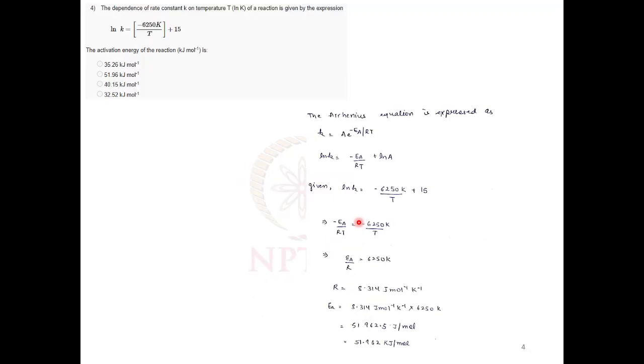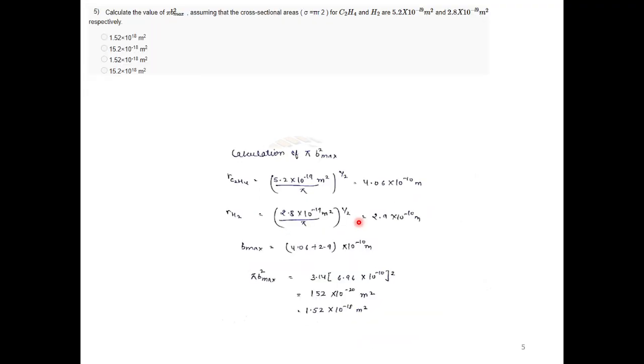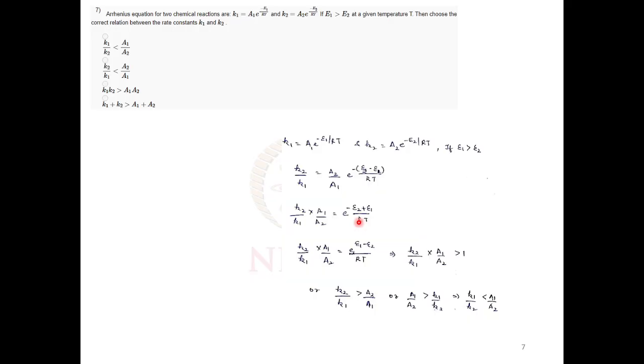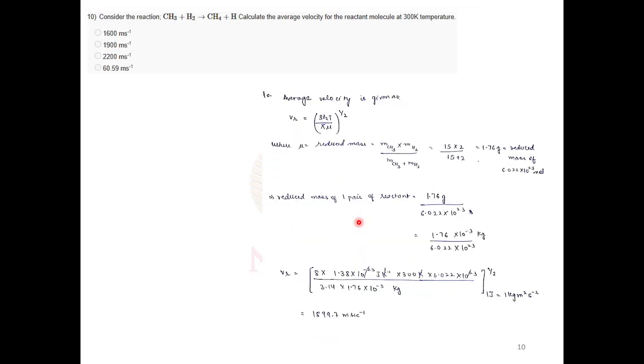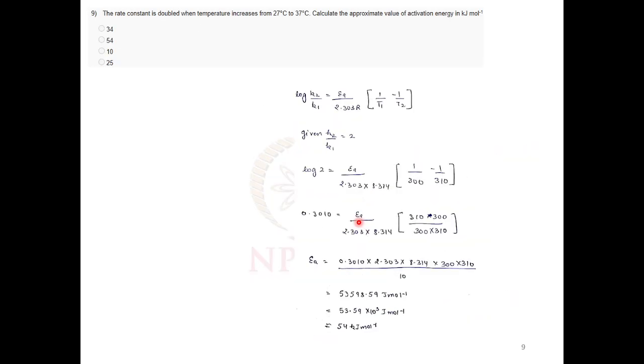Now this is also a good question, where you need to find the activation energy. So if you see this question and this question, as well as this question, all are basically the same formula, k equal to A into e to the power minus Ea by RT. So with this formula you can solve this kind of problem, and these problems are very standard for CSIR and NET GATE, okay, in MSc question papers also.